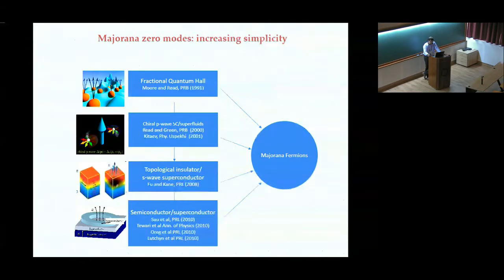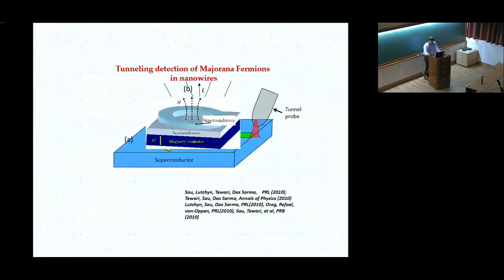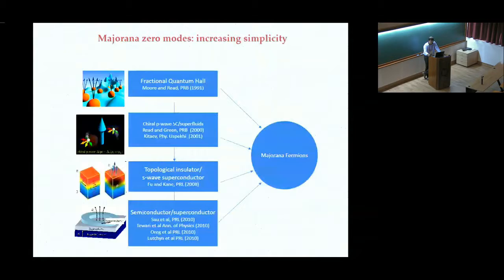Our scheme consisted of a semiconductor-superconductor heterostructure, which could be in 2D or 1D. The last one is where most of the experiments are, so that's what I'm going to focus on.